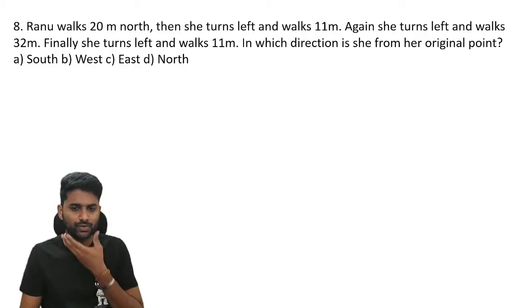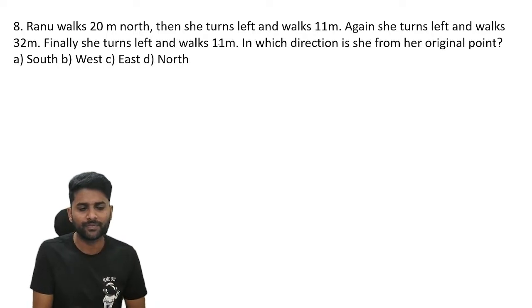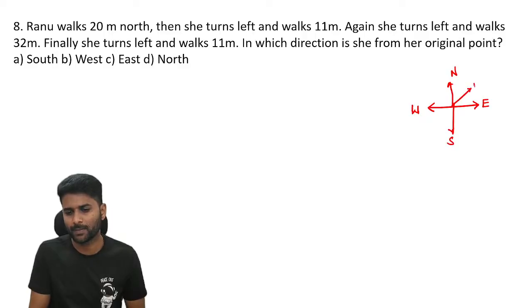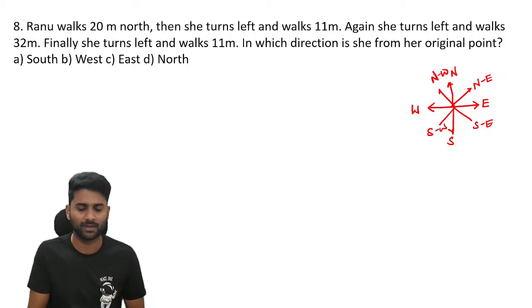Now see, let's go through this question from the direction concept. As I told you in the last session, your right hand is east, opposite is west, whatever you see in front is north, opposite is south. Between them are northeast, southeast, southwest, northwest. So let's go through this equation method.